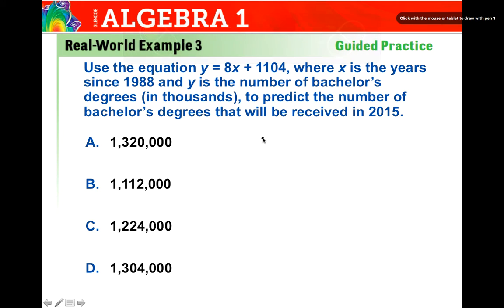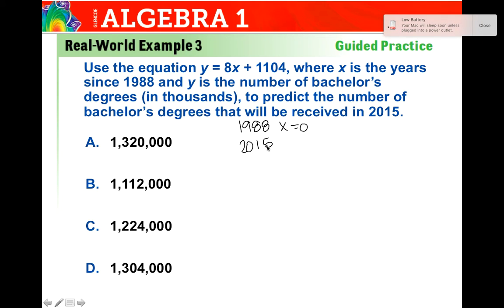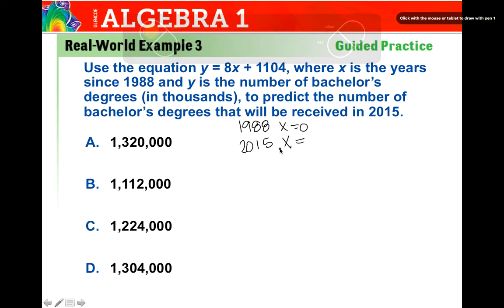So we need to figure out what year is 2015 since x is the years since 1988. So we know that 1988 is year 0. So we need to know 2015 is then year what? The way to do that would be to take 2015 minus 88, so that's actually year 27.